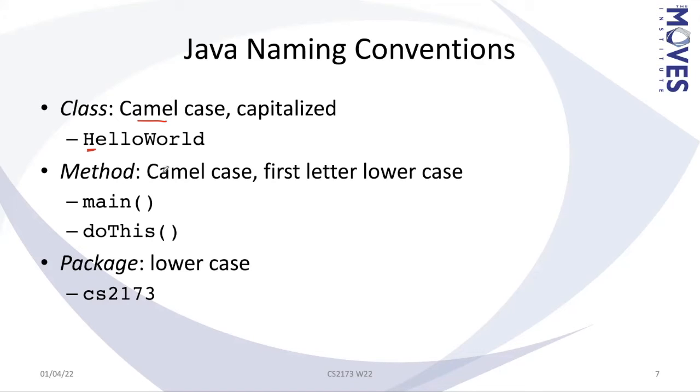Now, for methods, they use camel case with the first letter being lowercase. We saw main already. If you had a method that had a slightly longer name, again, it would be camel case, but you start with a lowercase letter. Now, the language itself will allow you to use an uppercase.